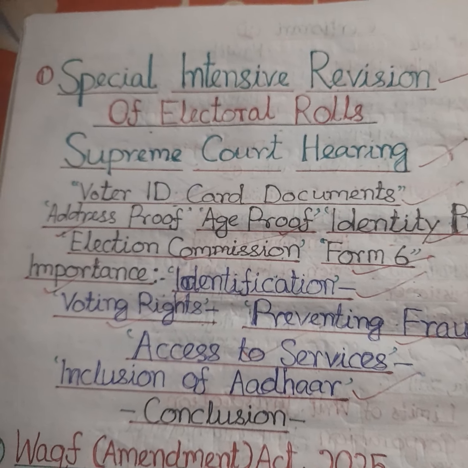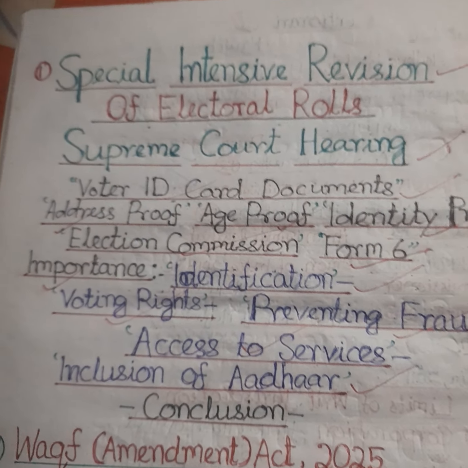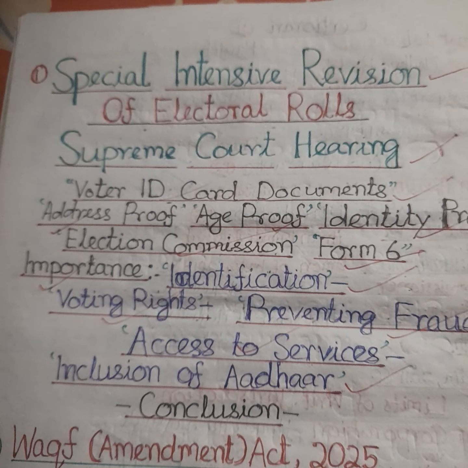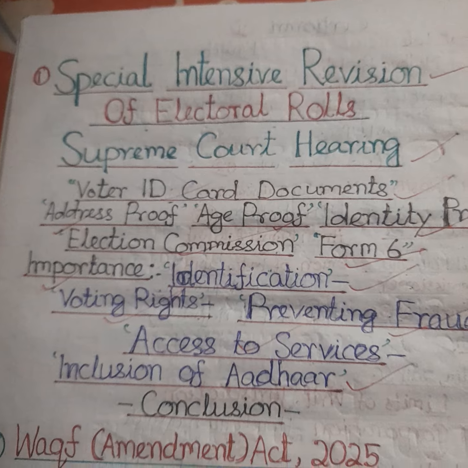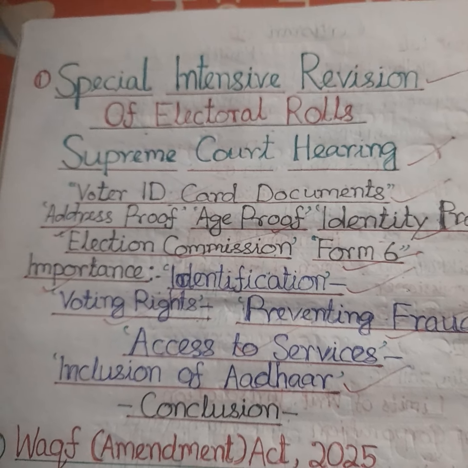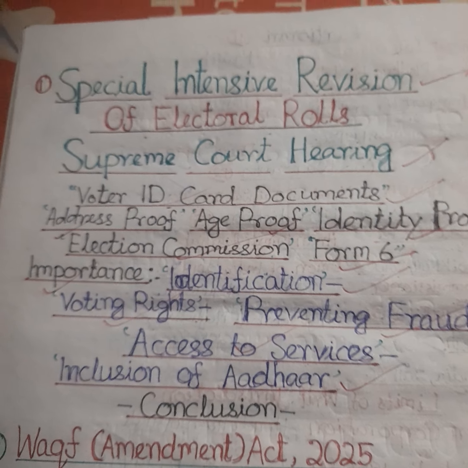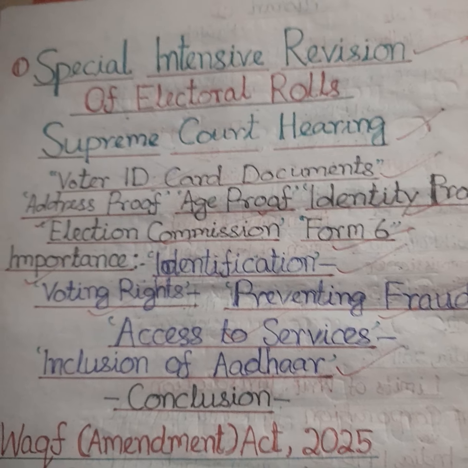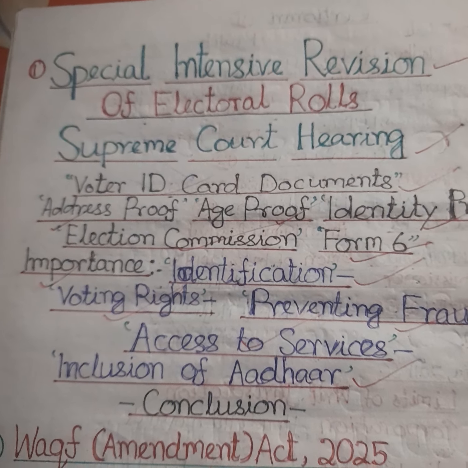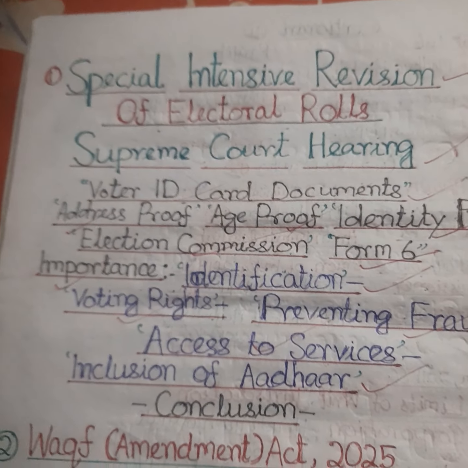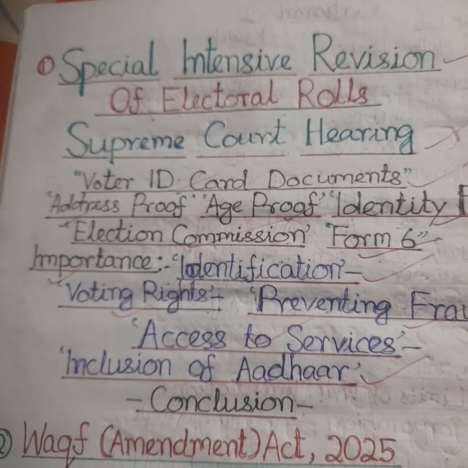The clamor for making Aadhaar an identity document is probably to include illegal migrants in the voter list without verification of their citizenship, as it was presented by the counsel for the Election Commission, Rakesh Dwivedi.